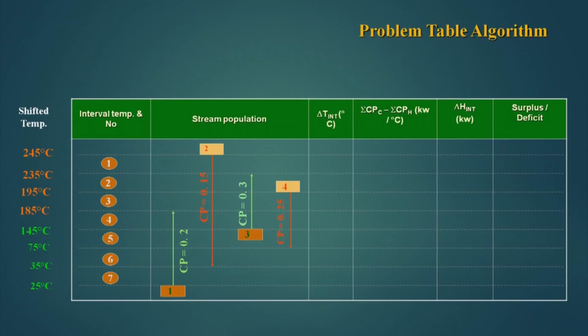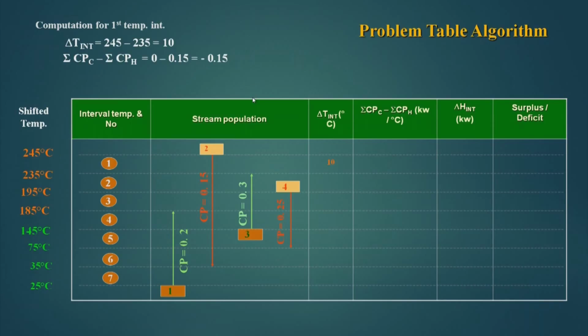Then we show the stream population in different temperature intervals and then we fill up the last 4 columns by doing calculations. So, we take up the first interval which starts at 245 and ends at 235. So, delta T interval is 245 minus 235 is equal to 10 degree, and this 10 degree is transferred here at this position. Then we compute summation CPC minus summation CPH. Now, here it needs some understanding.